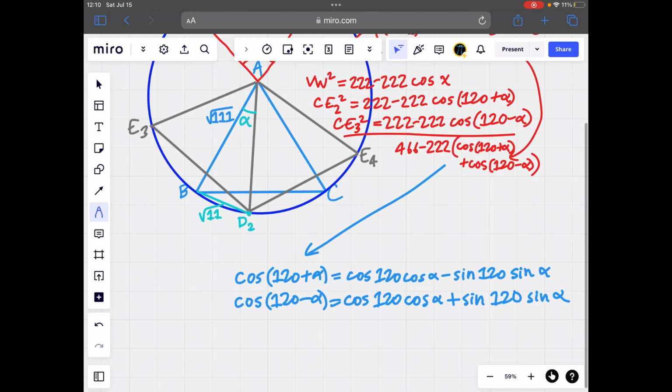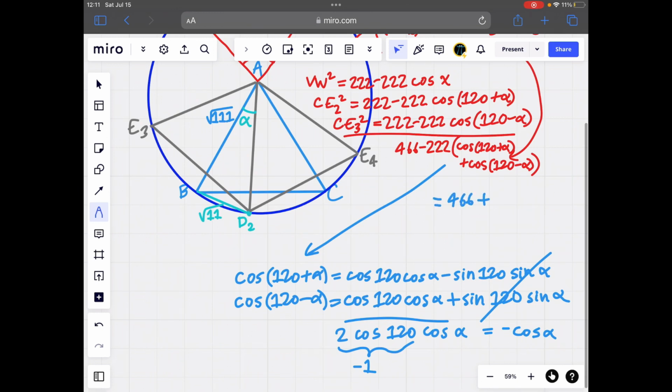And we want to add these up. So the sines cancel, and we're left with 2 cosine 120 cosine alpha. And that's equal to, since 2 cosine 120 is minus 1, we just have minus cosine alpha. So all we need to do is find 466 minus 222 times negative cosine alpha. This is equal to 466 plus 222 cosine alpha.